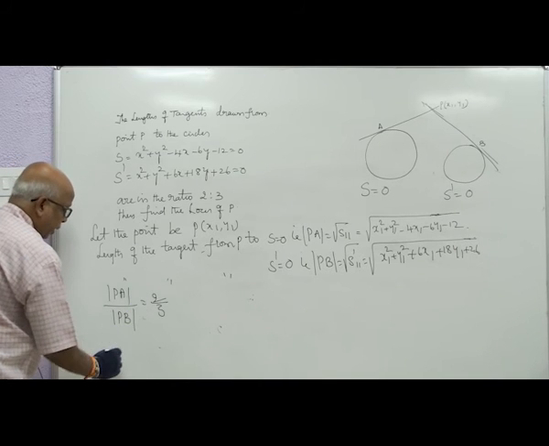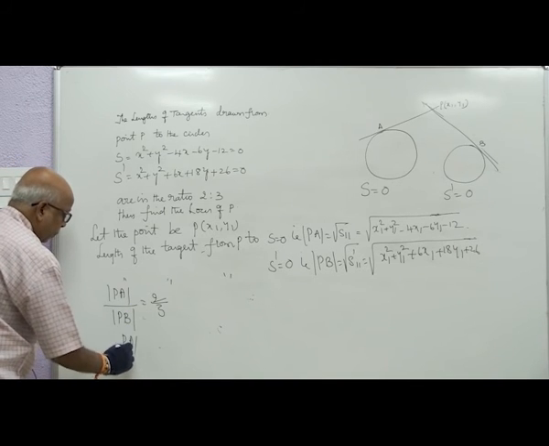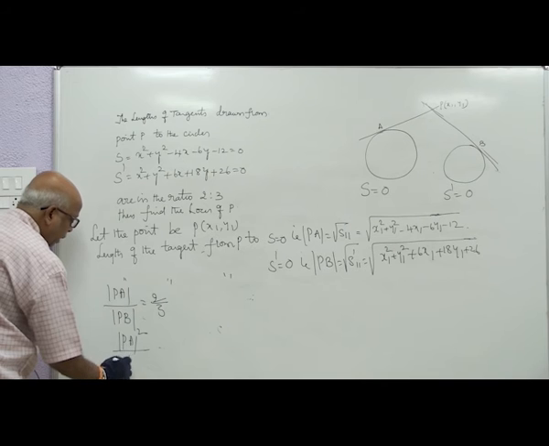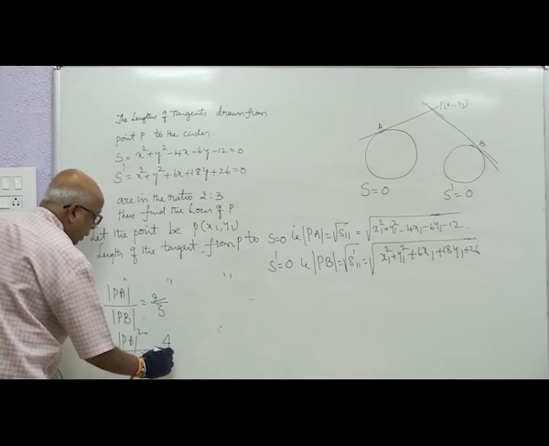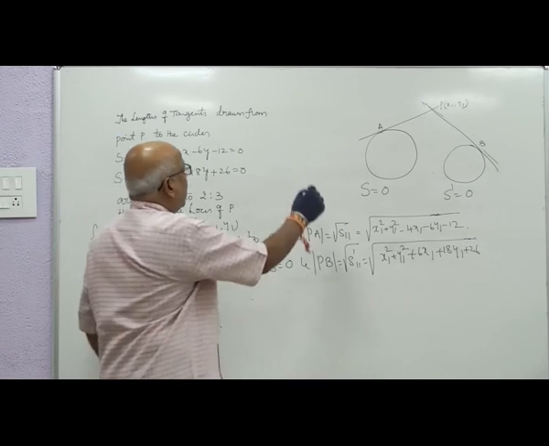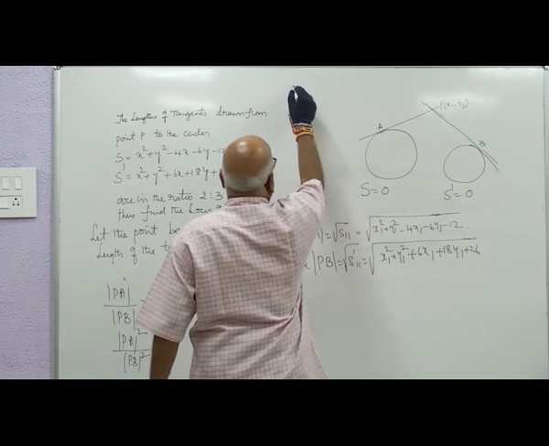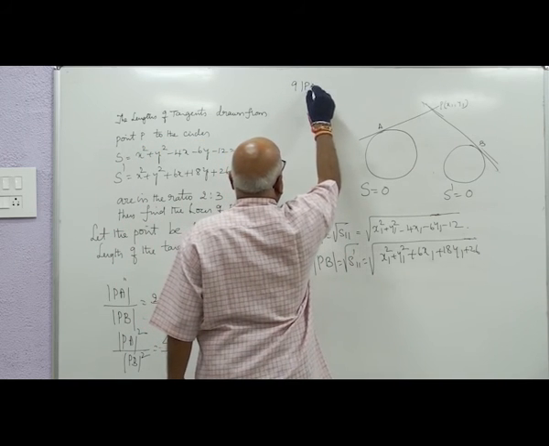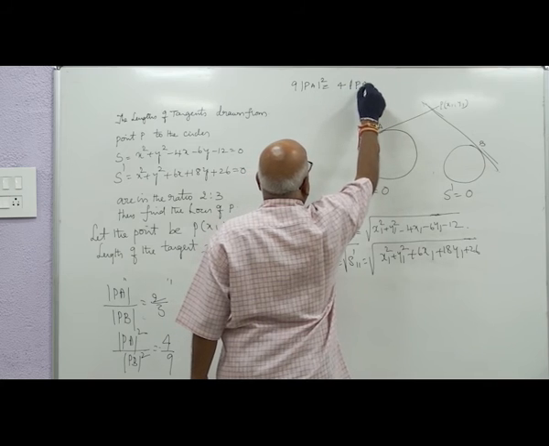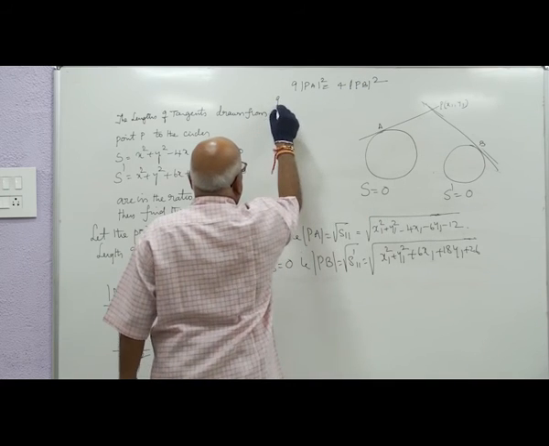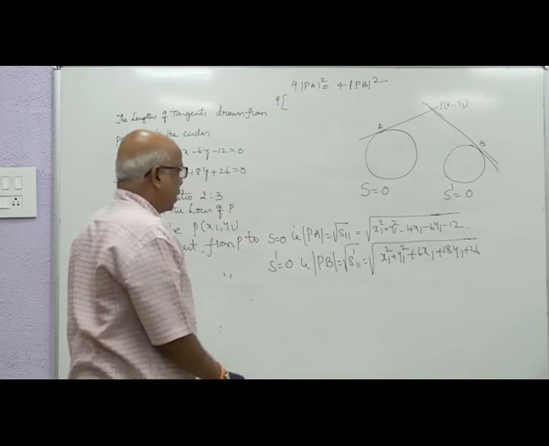Squaring on both sides. PA square by PB square equal to 4 by 9. Here 9 into PA square equal to 4 into PB square. 9 into, what is PA square, sir?